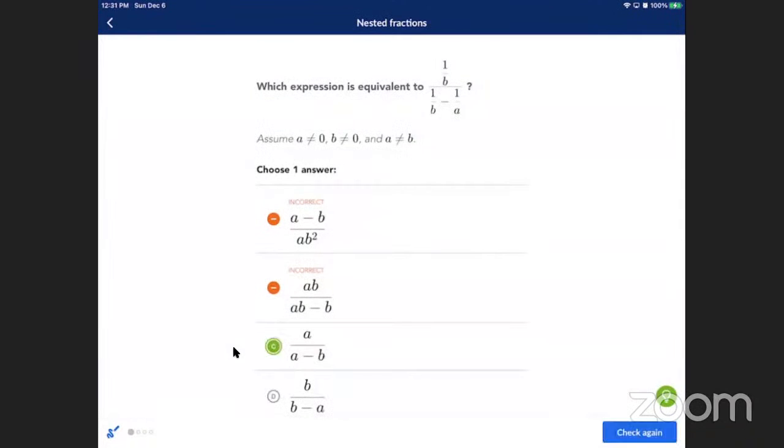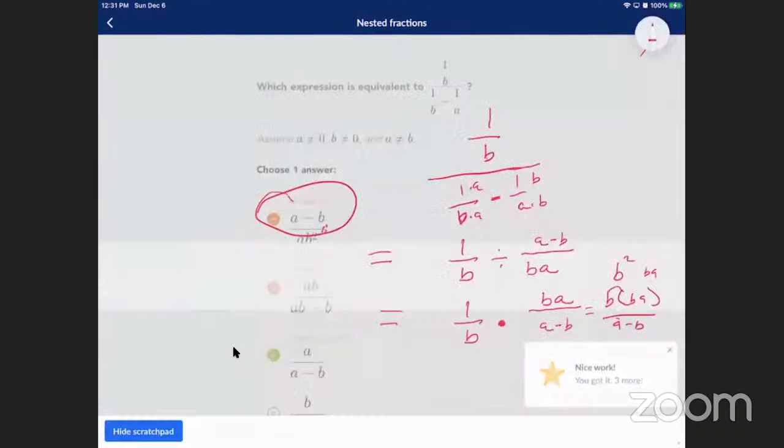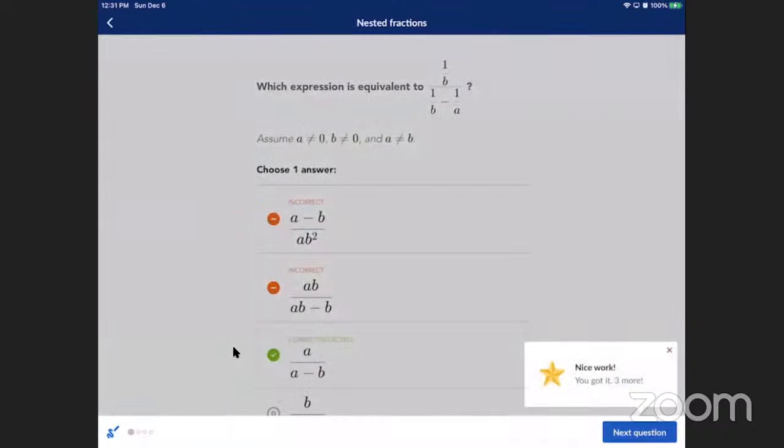They don't give you an explanation. They just... So a minus b. I gotta look at that again. All right, so let's keep going.